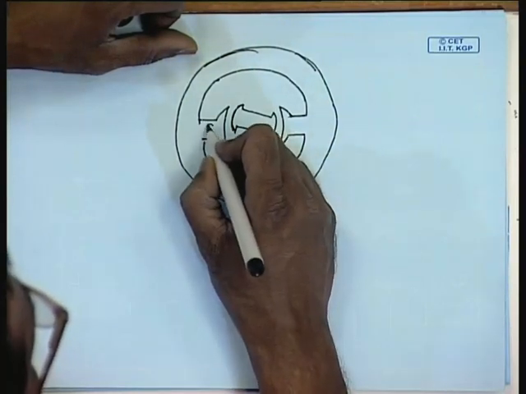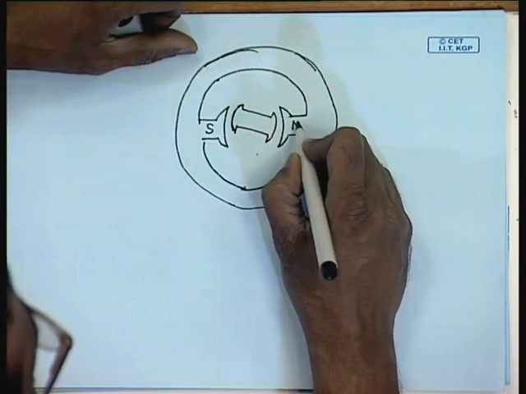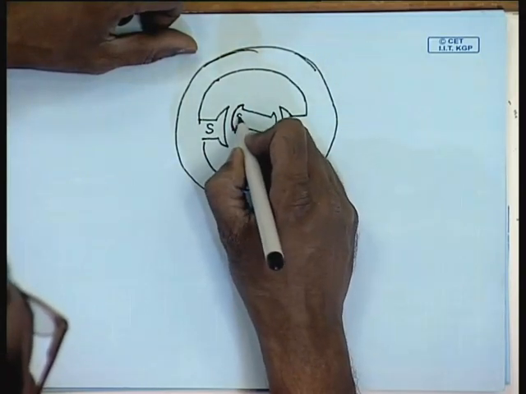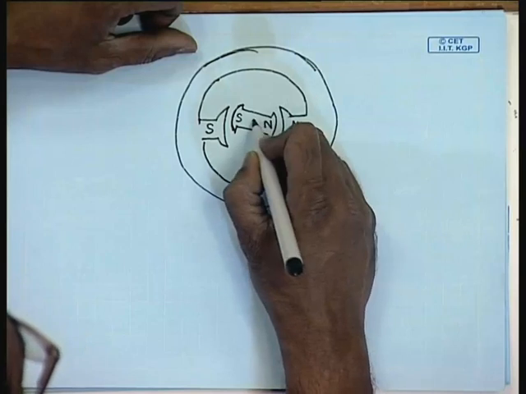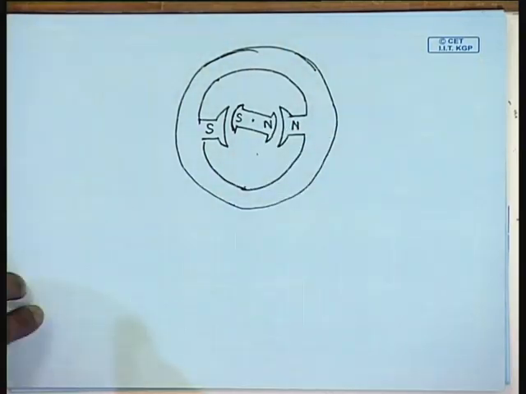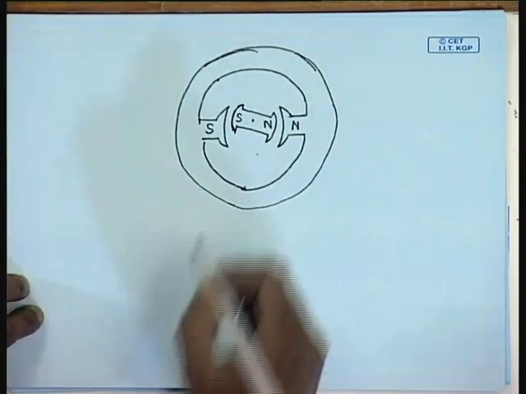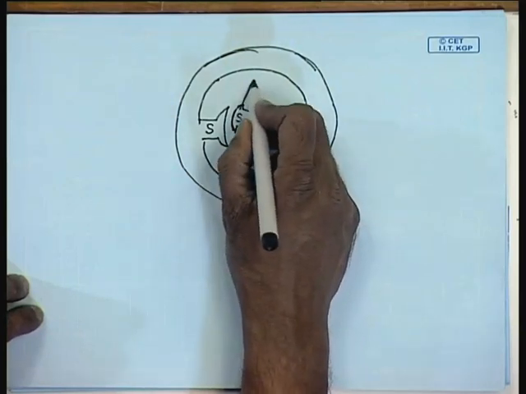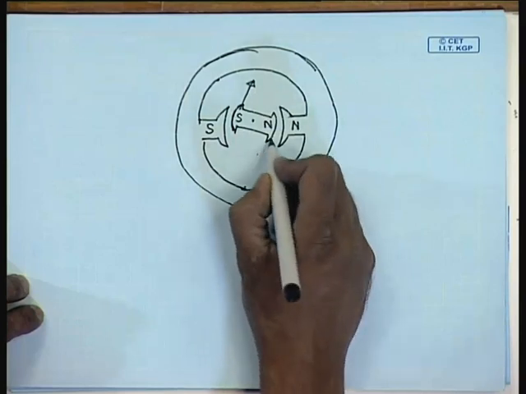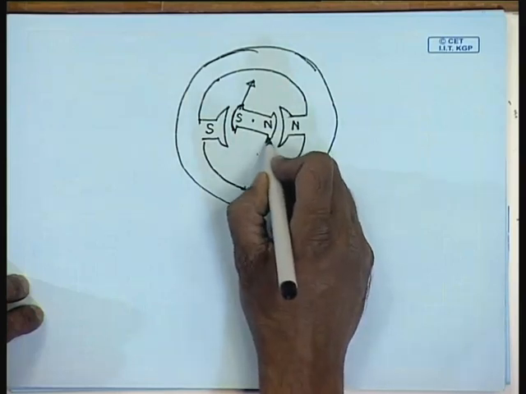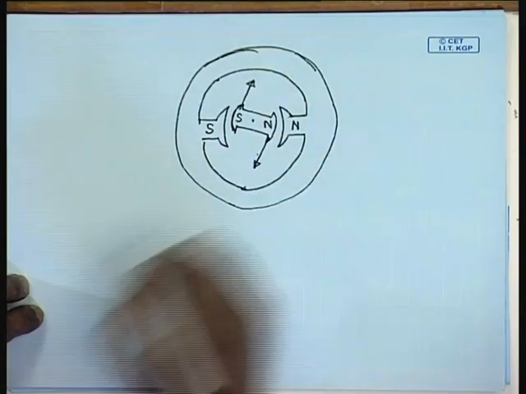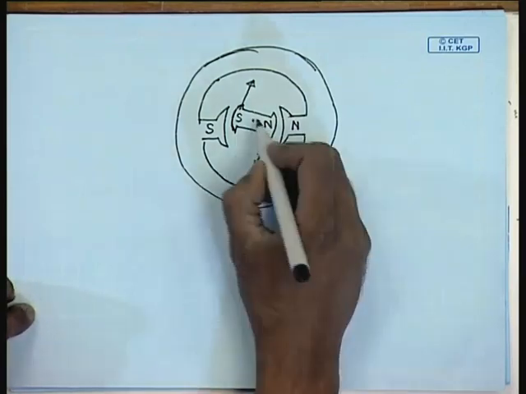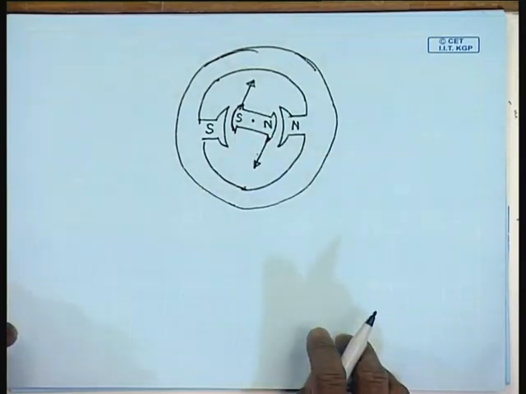Now, I make this south, this north, this is south, this was north. What will happen? Now, there will be a repulsive force which will force this rotor in this direction, and there will be another repulsive force which will force this rotor in this direction. So, this magnet will continue to rotate.